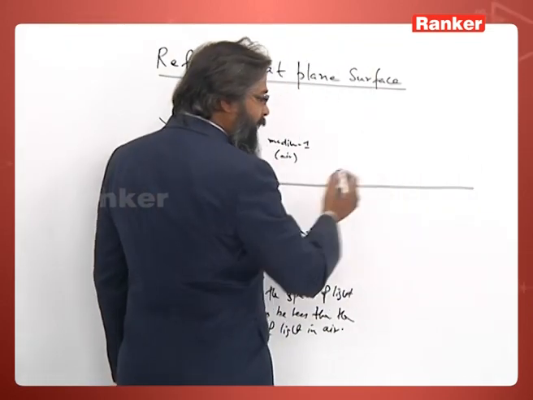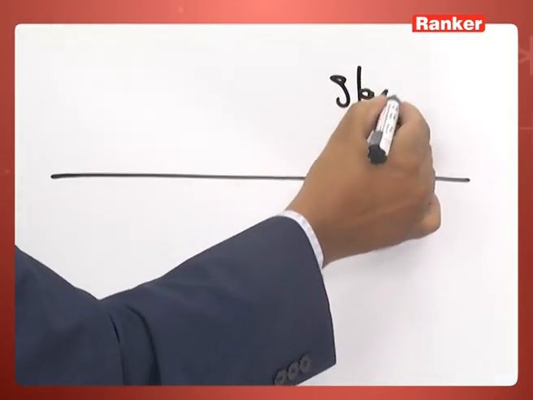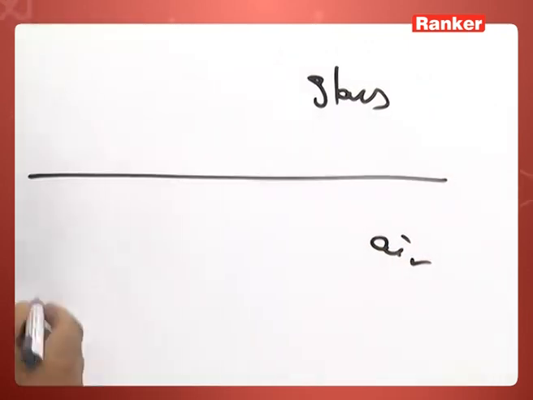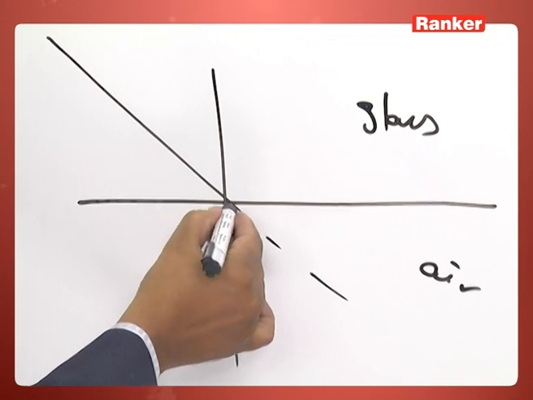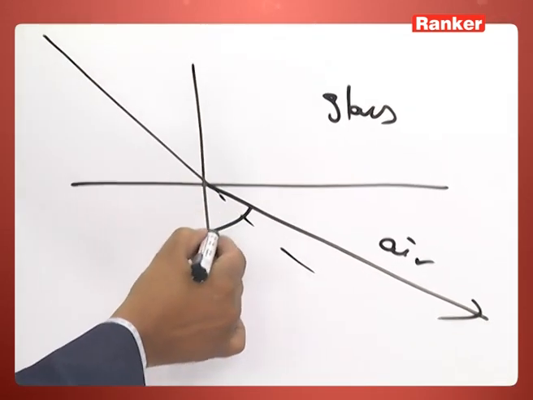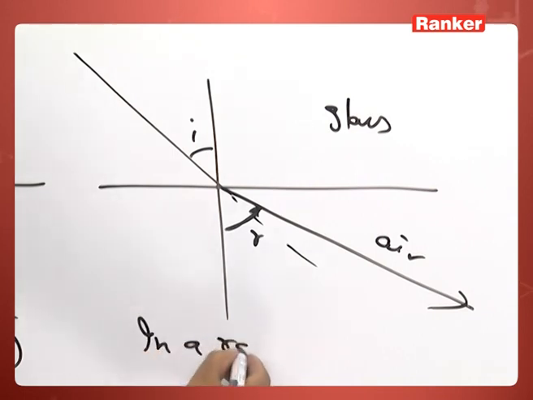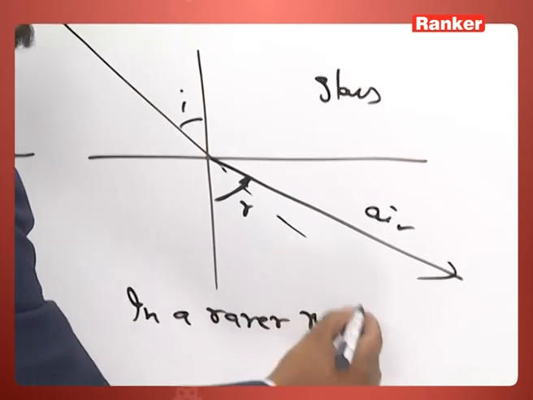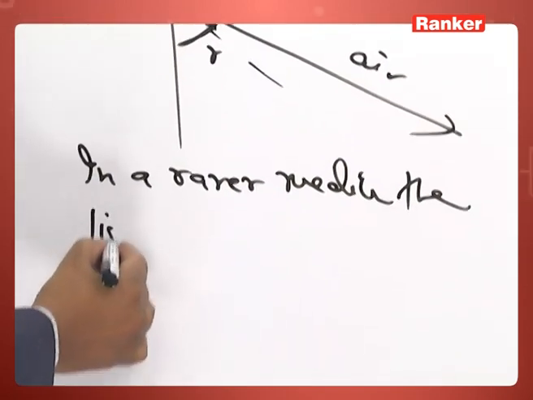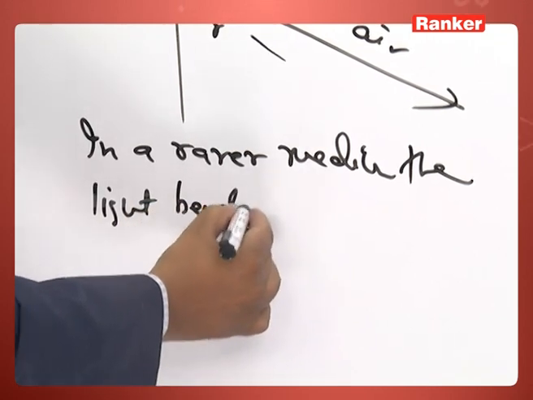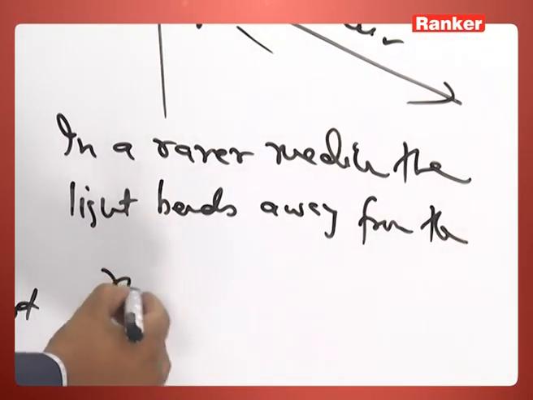If this is something like glass or air, what happens? The ray would have gone like this, but actually it goes like this. So it bends away from the normal. In a rarer medium, the light bends away from the normal.